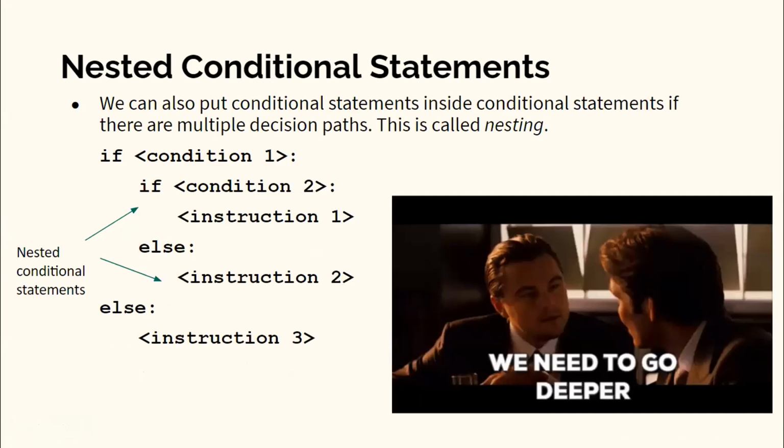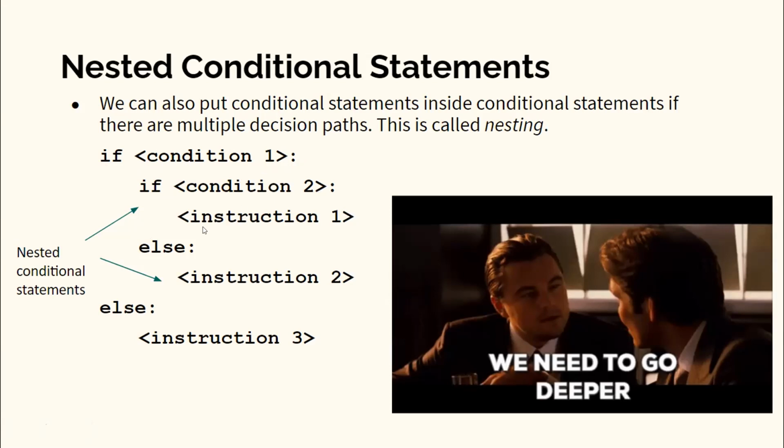We can have multiple conditional statements put together. This is called nesting. As you can see here, there's an outer if statement where we test if condition 1 is true. If it is true, then we go to its instructions, and in its instructions there is another if statement, so we check if condition 2 is true.